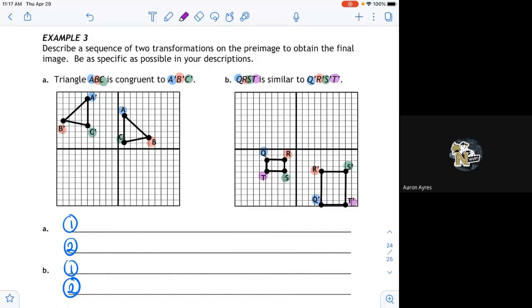On B, you can determine your scale factor because you have ordered pairs. You know what your reflection line is, you know what your rotation point is, you know how much you translate. So you can be more specific with these. And we expect you to be more specific if you're on the course final assessment, with all the different attributes.